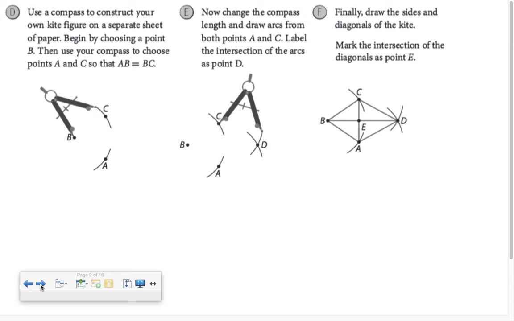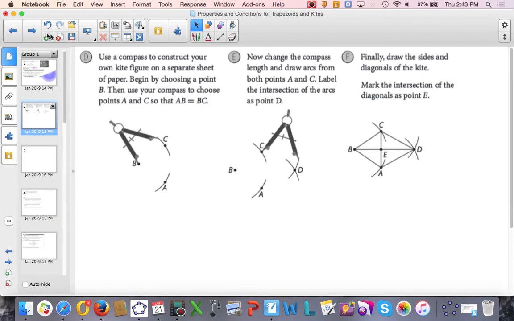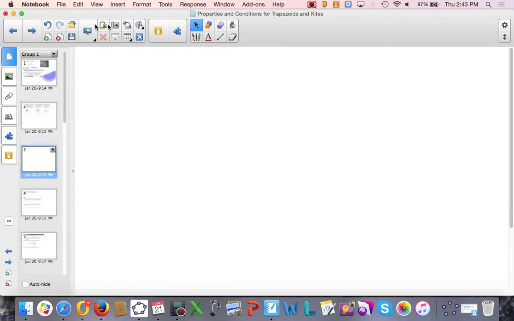Well, first they have us constructing a kite. So I've got a blank screen. Let's do that. Okay, so first thing it says is to make a compass setting of my choosing, but I want to start with a dot.